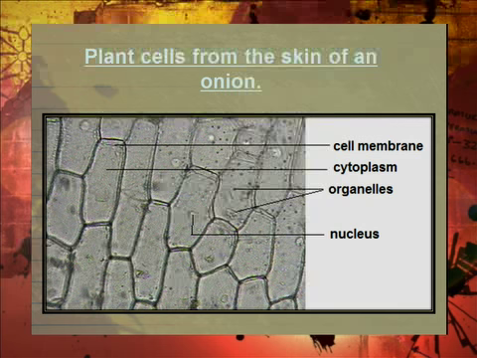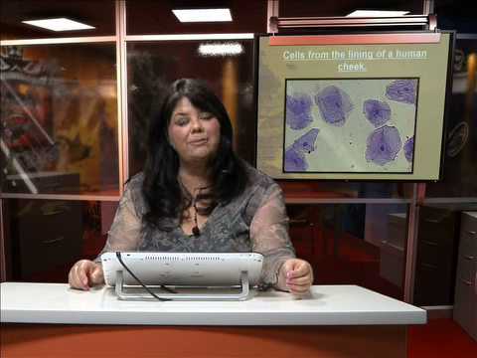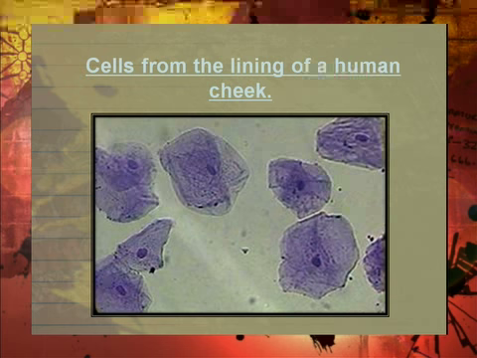Now that's a plant cell, or a whole group of plant cells, and you'll see that they have a pretty rigid and regular structure. If we have a look at cells that come from the lining of your cheek, for example, these are cells that are scraped from your cheek. We see first of all that they don't have a uniform or very regular shape, and secondly, they don't stick together quite as well as those plant cells stuck together.